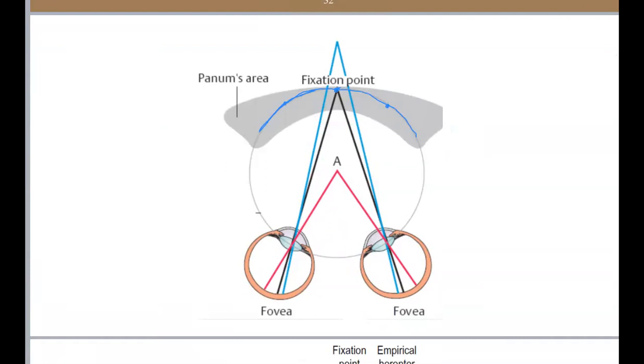Also in this area, which is called Panum's area, here in gray, if I stimulate this or this or this, I can have some horizontal disparity, but I still have binocular single vision. And this is responsible for what we call stereopsis, because I have some disparity, but I see more than one aspect of the same object. Okay, this is called Panum's area.